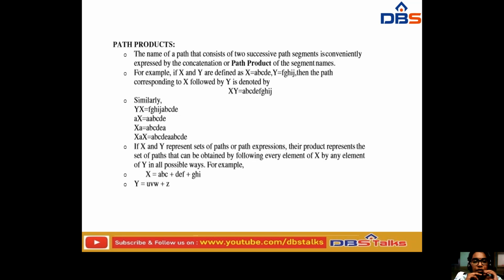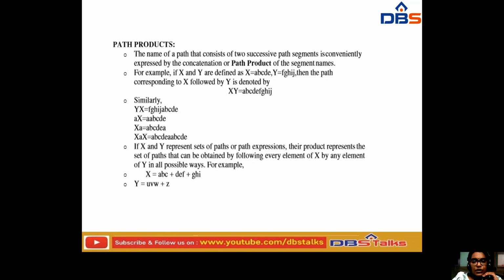So if X and Y represent the set of paths or path expressions, their product represents the set of paths that can be obtained by following every element of X by an element of Y in all possible ways. For example, X is equal to ABC plus DEF plus GHI, just like that, and Y is equal to UVW plus Z, just like that.